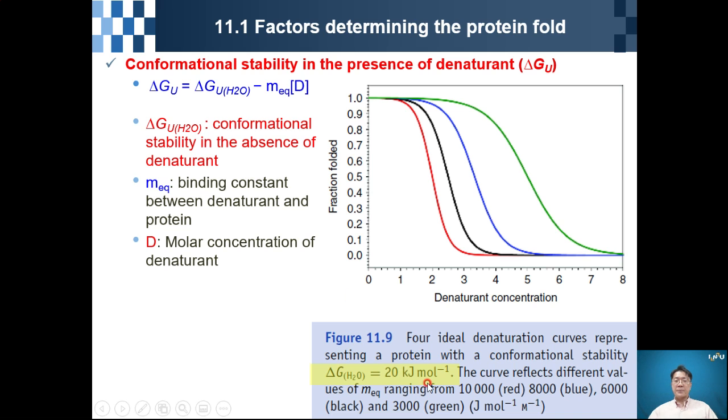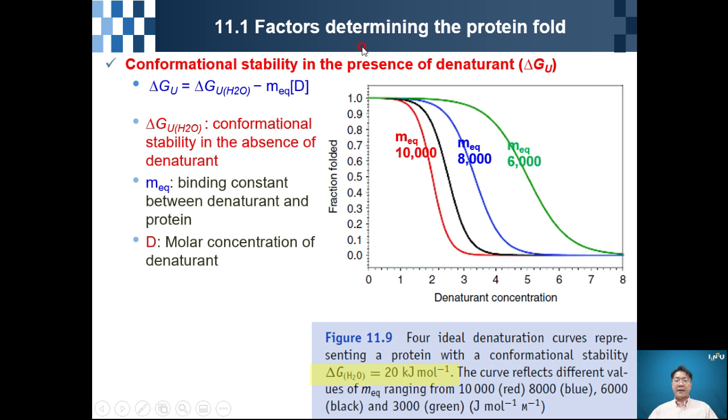The curves reflect different values of MEQ: red is MEQ 10,000, blue is MEQ 8,000, and green is MEQ 6,000.